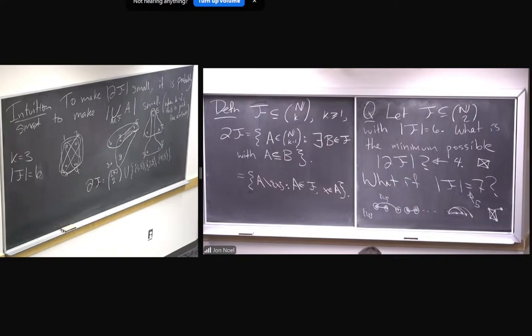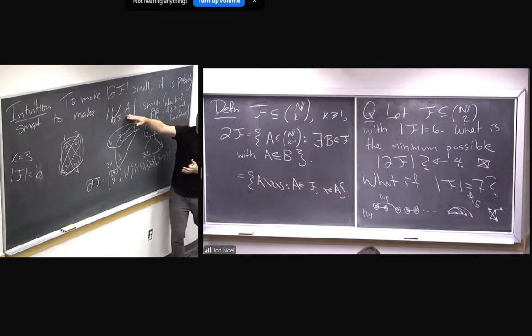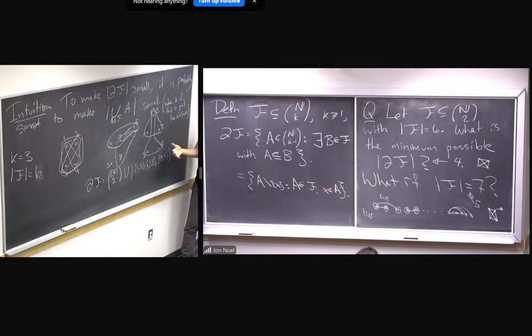What I want to convey here is that we try to not introduce new points into the union of the sets, but at some point you're forced to, because if the size of F is bigger than some L choose k, then I need to cover at least L plus 1 points.